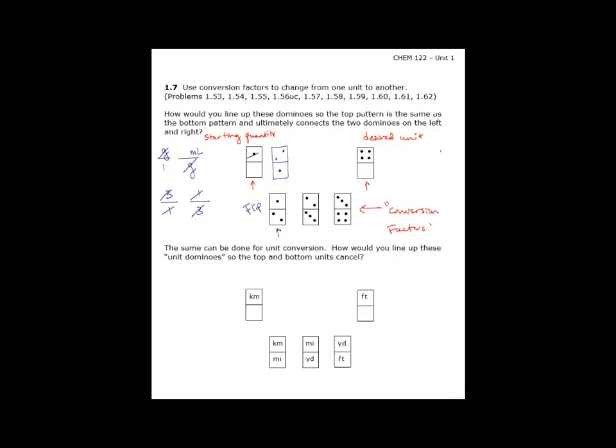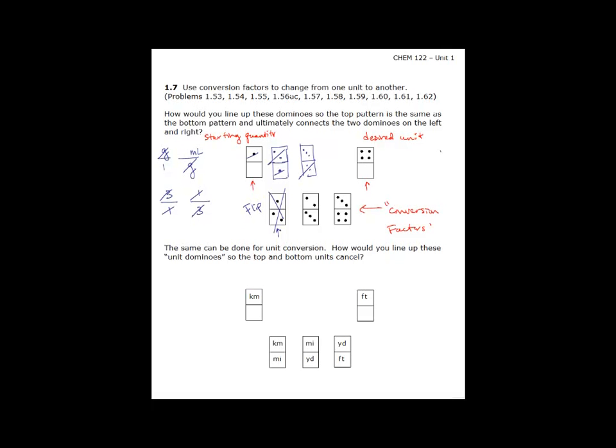So I am no longer in this 1 dot, but I'm not quite to 4 dots yet. So I've used this conversion factor, I'm done with that. In order to get the 2 dots to cancel out, I need to use another one, and the orientation of these dots is not important. So if that's throwing you off, don't worry about it.